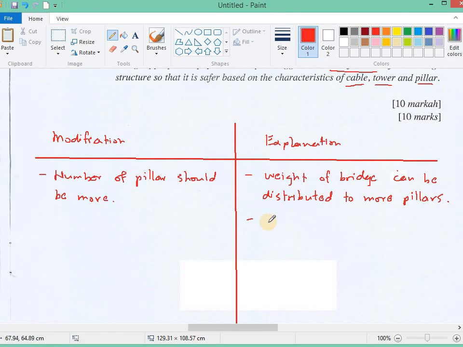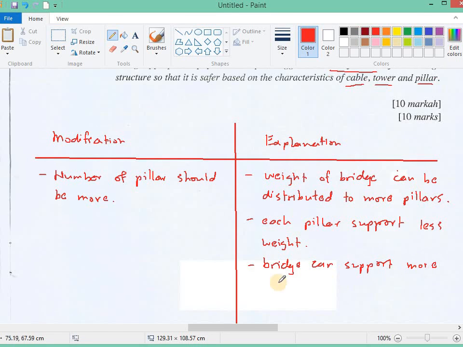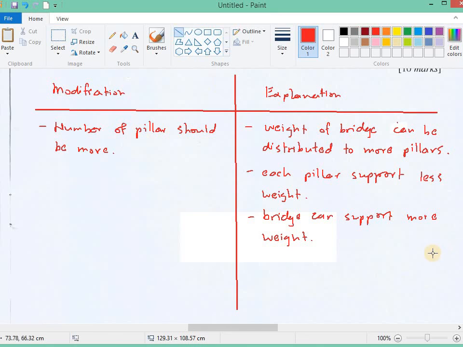Or you can say each pillar supports less weight. Or you also can say bridge can support more weight, also can. So there are a lot of explanations that you can use.